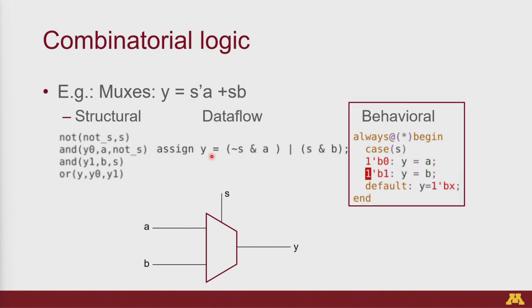And the last case is behavioral. Like I said, at the behavioral level, you want to abstract away the design entirely. You do not want to care about how the tool will implement it. You don't even care if the tool implements it as these four gates. Maybe it implements it in a completely different way.